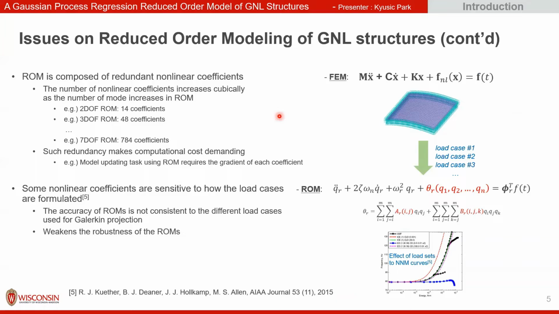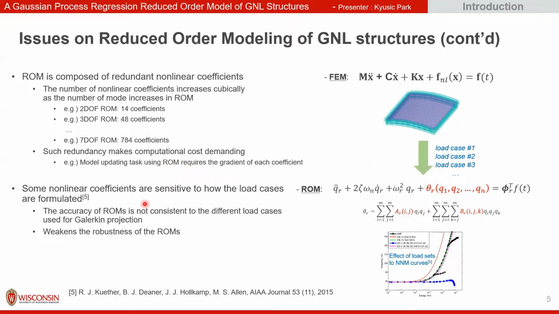Second, the number of nonlinear terms in a ROM increases cubically, but not every term contributes equally to capturing the nonlinear responses. So such redundancy makes computational cost demanding, particularly when the ROM is used for the model updating task.